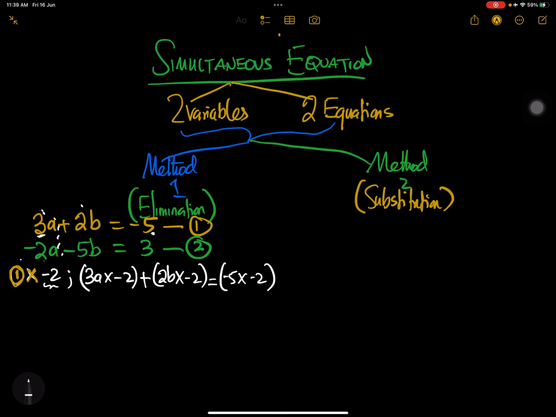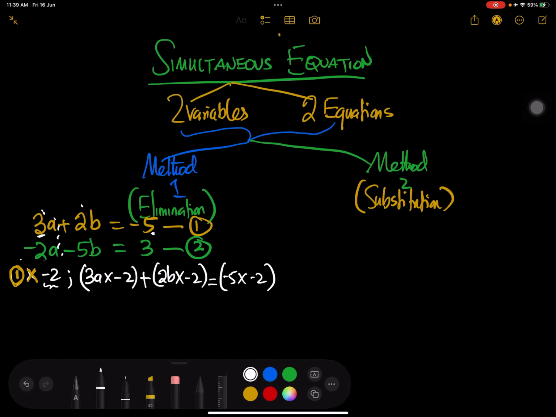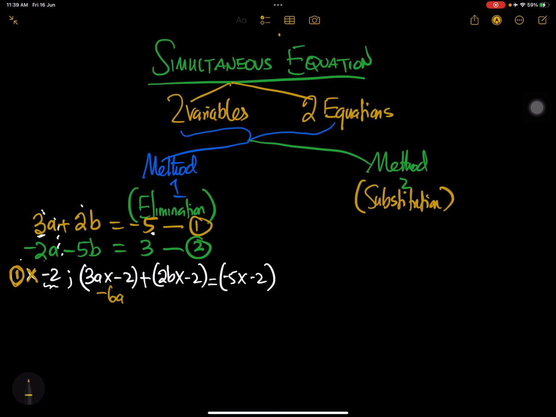All right. And then what are we going to get? We are definitely going to get negative 6a minus, because 2 times negative 2 is negative 4, so it's going to be minus 4b, and it's going to give us plus 10, because negative 5 times negative 2, and that is going to give us equation 3.